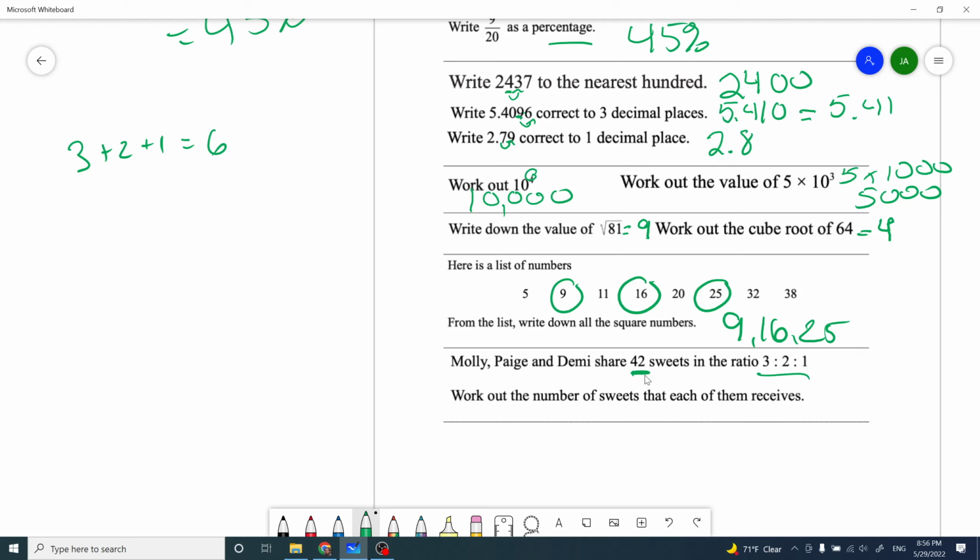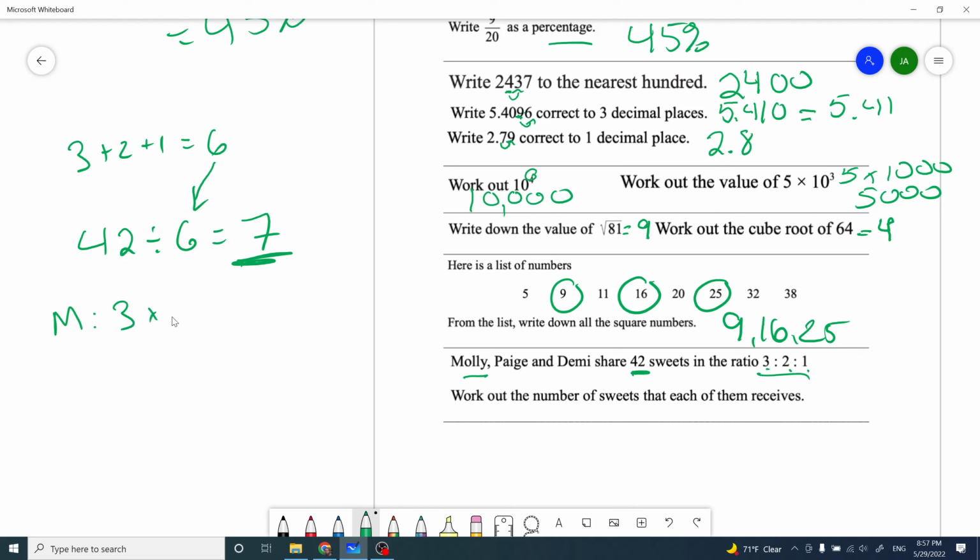Then we're going to take the amount and divide it. We're going to figure out how much one share is by dividing it by this answer. So 42 divided by 6 is going to give us 7. So now we're going to be taking this number and multiplying it by each one of these. So Molly is 3 here, right?